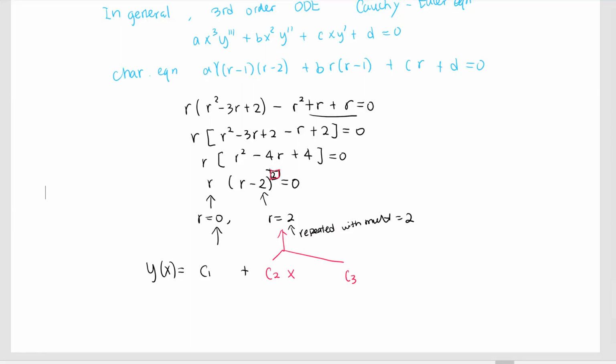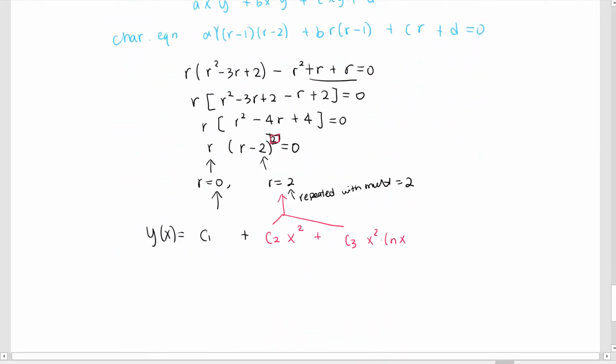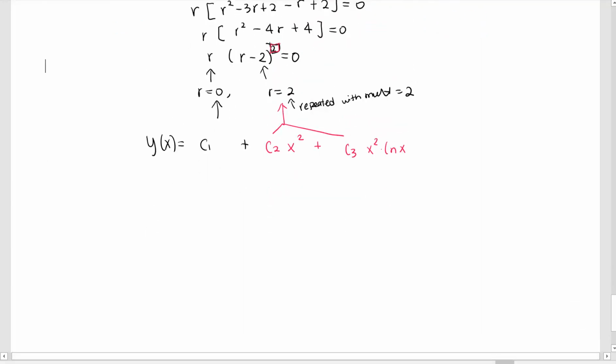So C2 x to the 2, and because it's repeated, what happens with repeated roots? You have an extra factor of ln of x. Yes, that's the extra factor of ln x. So this is our solution of this problem. Next session, when we go over higher order ODEs, you'll see more examples of theories with more rules and more multiplicity. All right. See you in the next session.